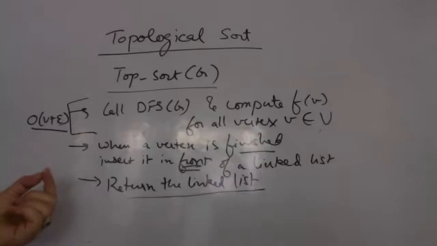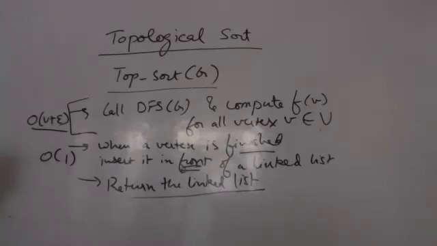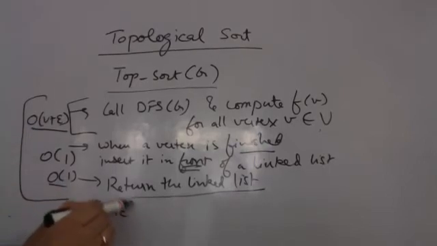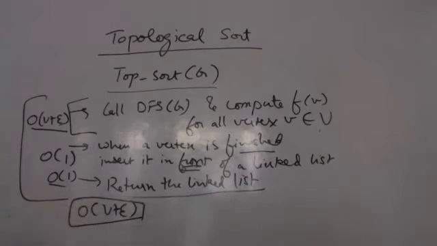Every time inserting in the front will only take a constant time. However big the list is does not make a difference. I am inserting in the front. Returning the list will again be taking the constant time. So if I am adding these, topological sort using DFS can be implemented in the order V plus E running time.